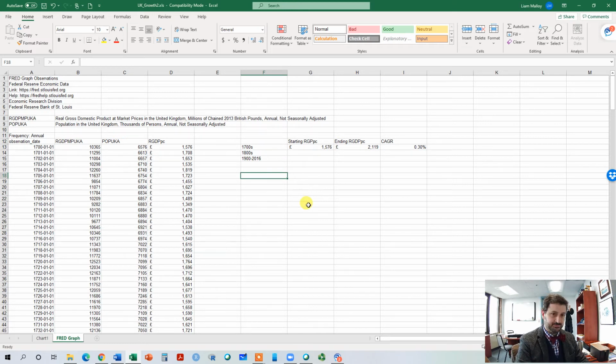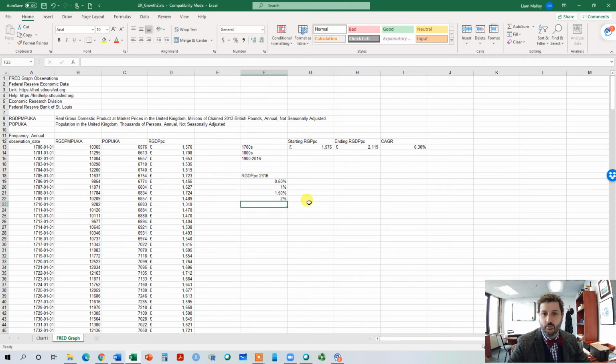So we'll say real GDP per capita 2316. And we'll do it for a bunch of different growth rates. So we'll say, all right, well, what if it's 0.5%? What if it is 1%? What if it's 1.5%? And what if it's 2%?